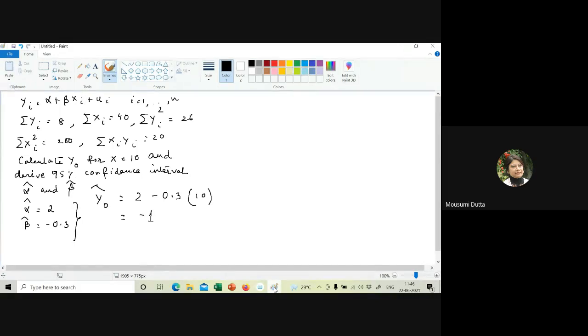So please find out TSS and ESS. TSS is summation yi square minus n y bar square.